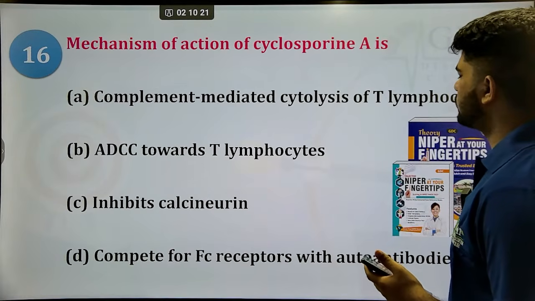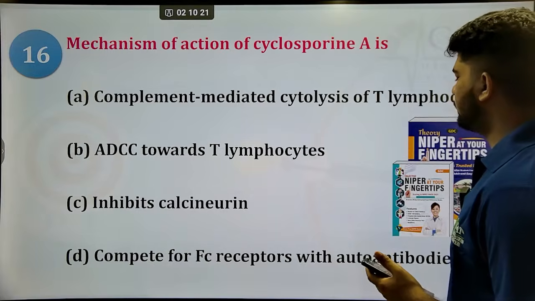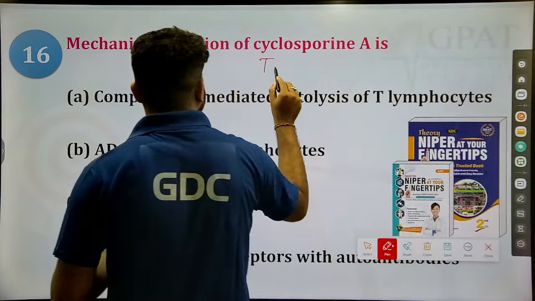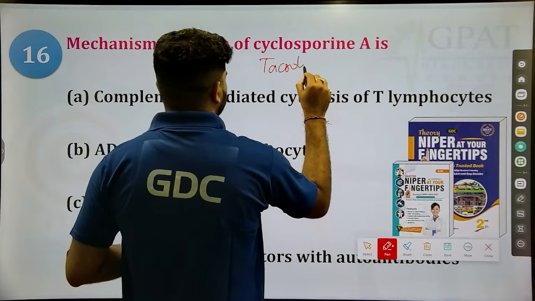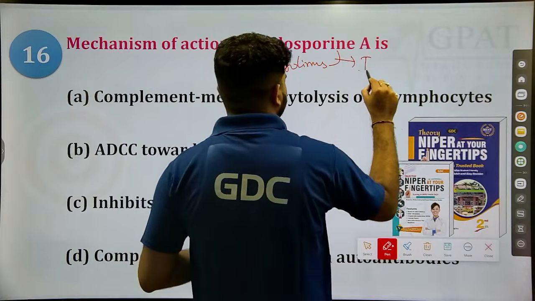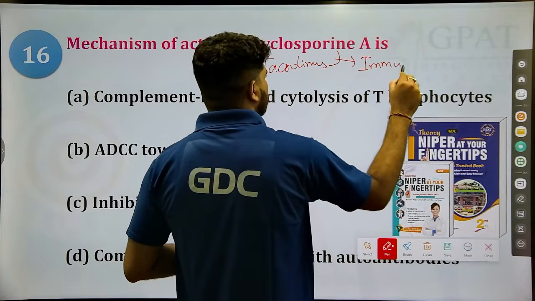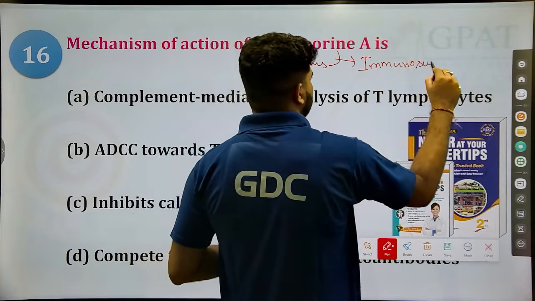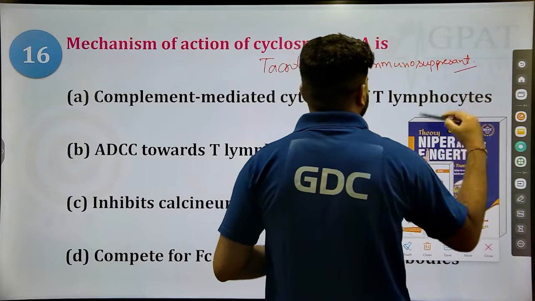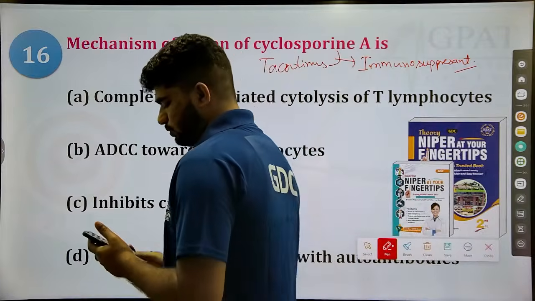Mechanism of action of cyclosporin A. Cyclosporin, or tacrolimus, both are in the category of immunosuppressants, right? So what are these going to do, guys?